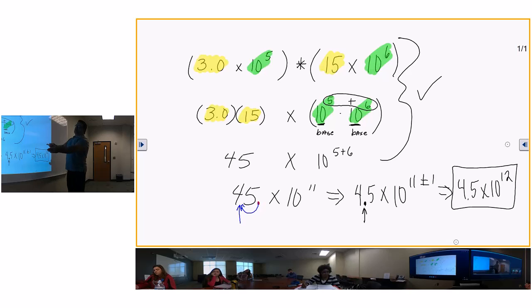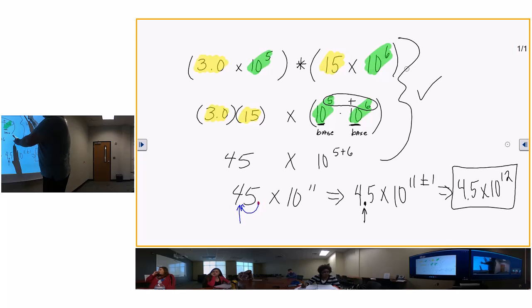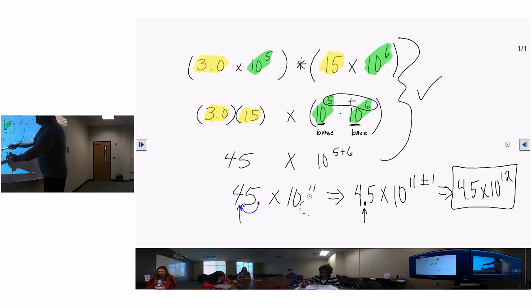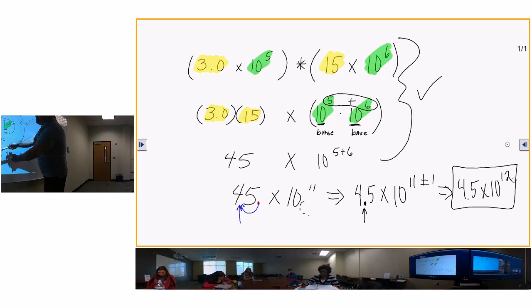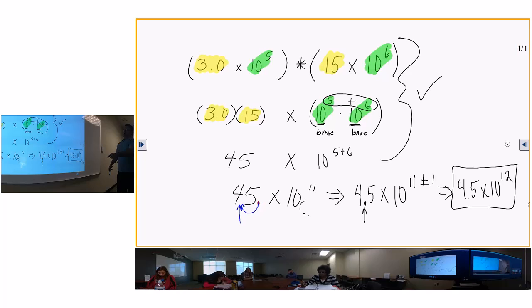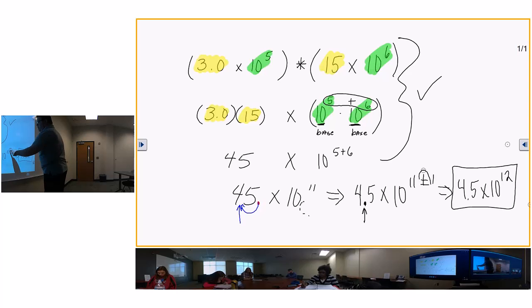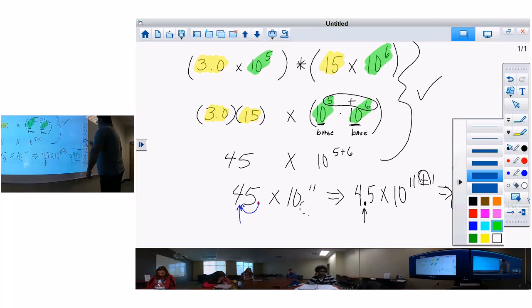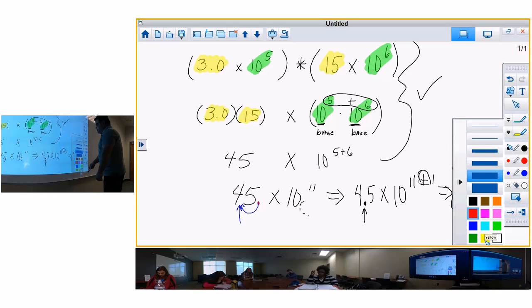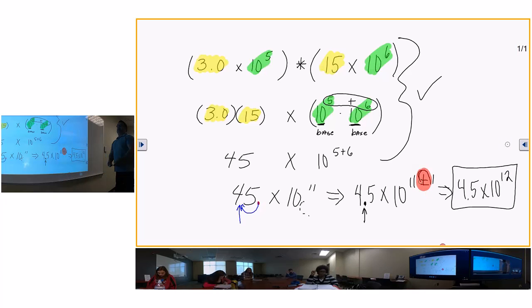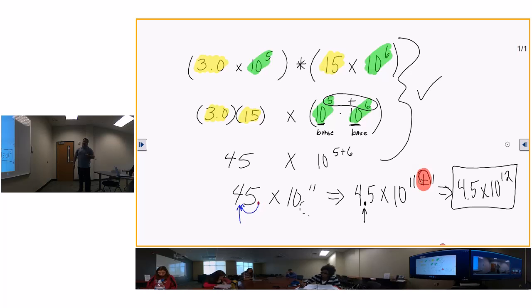They get all of this right, and then they get down to the bottom, and they say 10 to the 10th power, because they don't know how to do this right here. Okay? So let's take a red highlighter, since I don't have posters. Let's highlight that, and put that in your notes, and say, be careful.